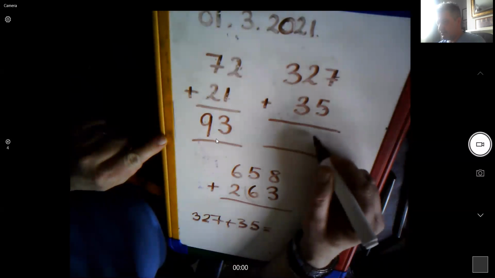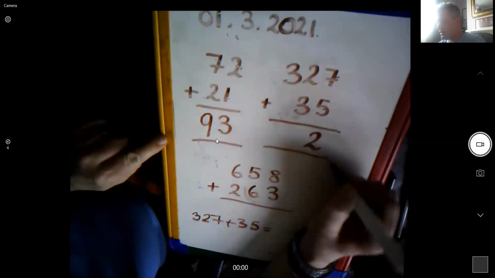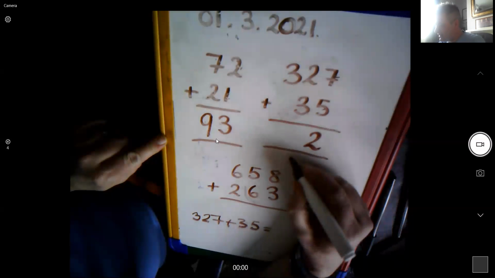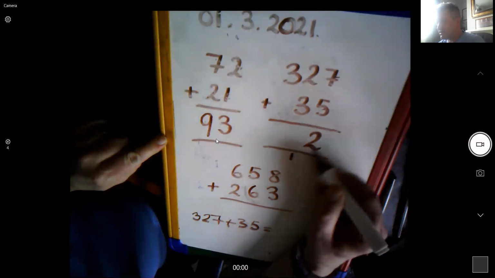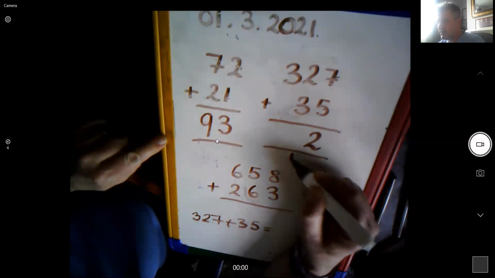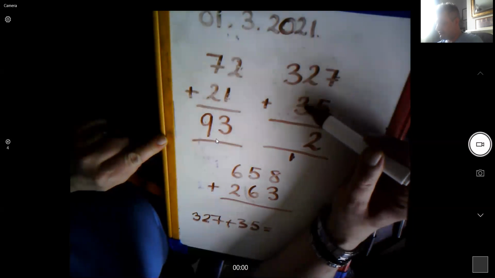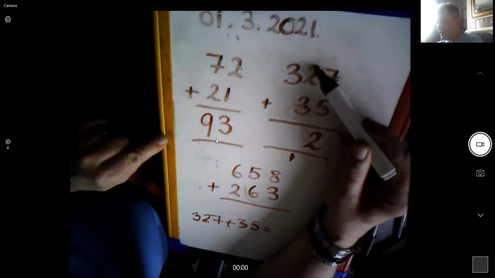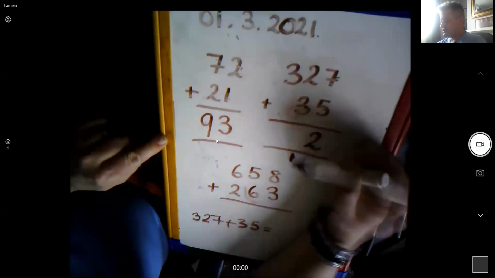I've got 12, so I'm renaming. 12 in my units column is made up of a 10 and 2 units. The 10 needs to go in the tens column. I put this little 1 down here, and then I start with 3, the biggest digit first: 3, 4, 5, not forgetting this one, 6. So I've got 6 lots of tens.